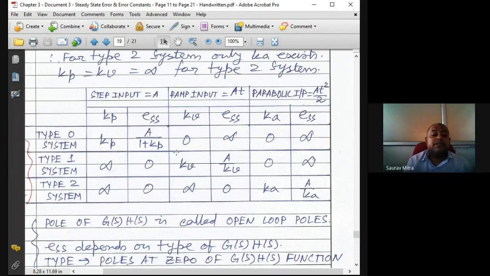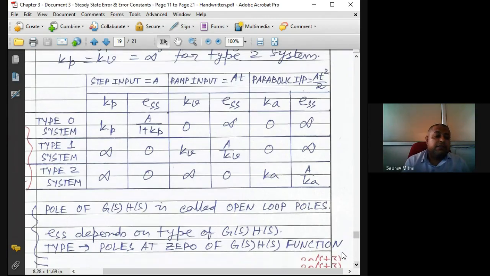From there Kv is found to be finite for a type 1 system, and A divided by Kv is going to be the error. If it is a type 2 system with parabolic input, we can find the error: Ka is the acceleration error constant, and A divided by Ka is the error of a type 2 system with parabolic input.